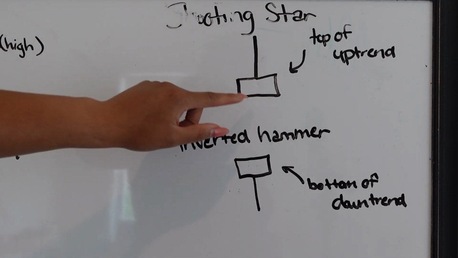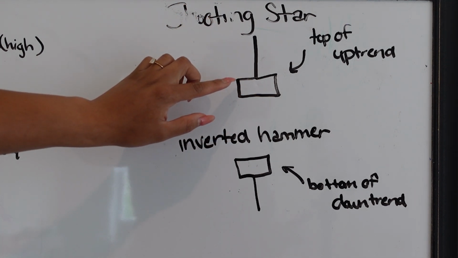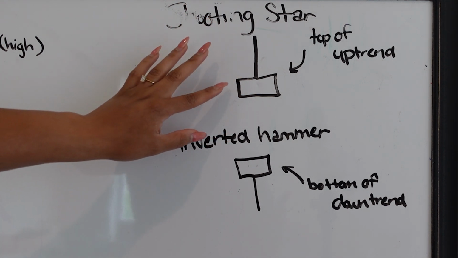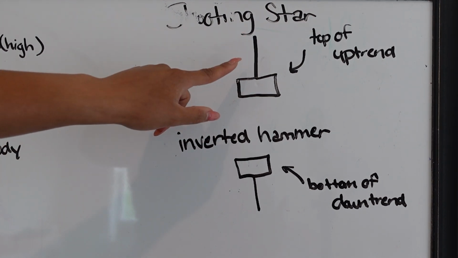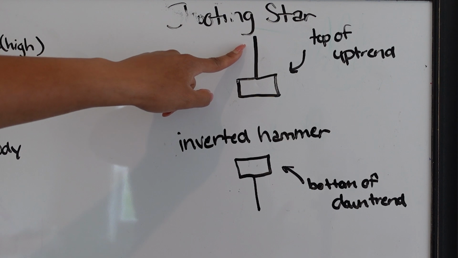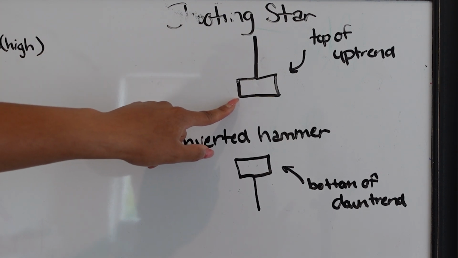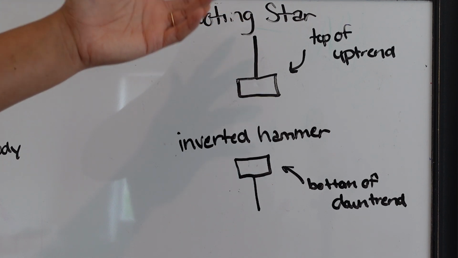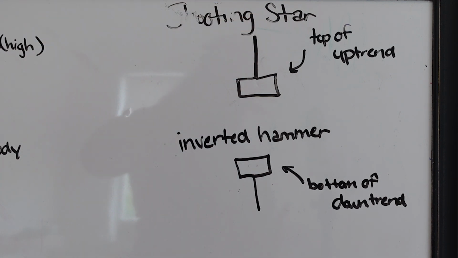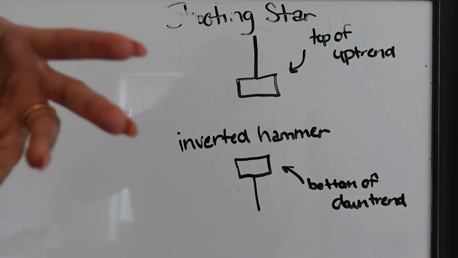So with the shooting star, you see that the price, and it could be red or green, it doesn't really matter, opened here, just say at $10. The price may have gone up to $12, but then maybe it closed down here at $9. Once again, you're just looking at what the candle actually looks like.